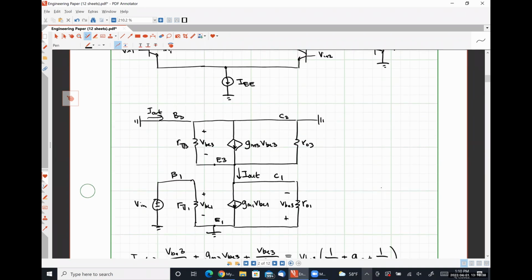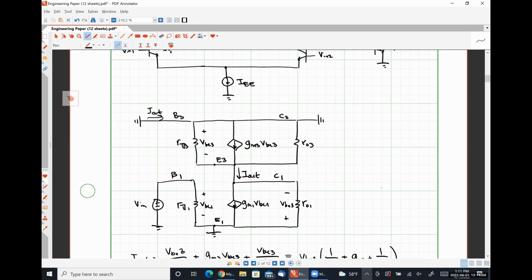So here we did our short circuit transconductance measurement. What I did is I shorted out my output terminal, and I found the current flowing through that short circuit. The ratio of I out divided by VN is our short circuit transconductance, okay?